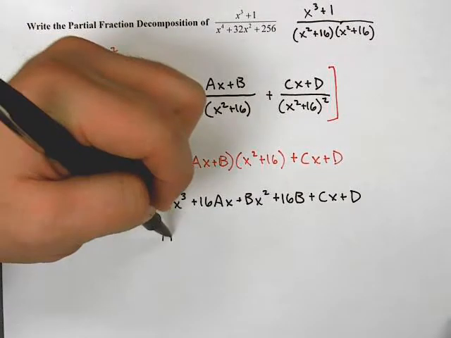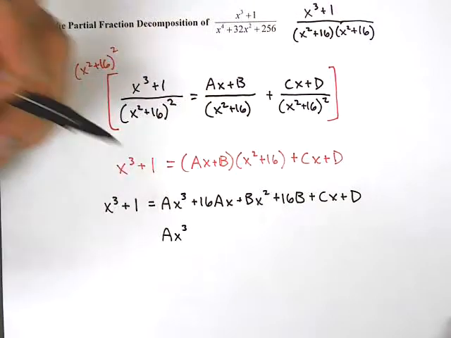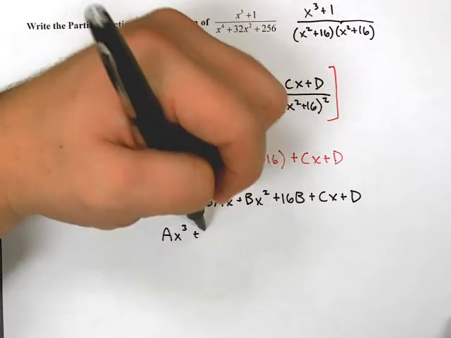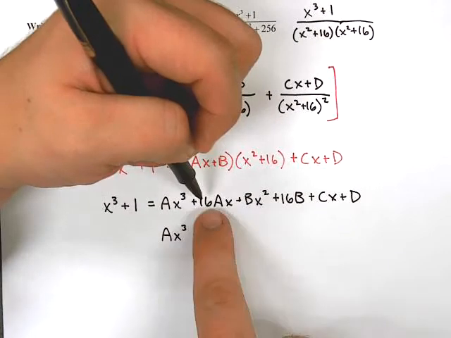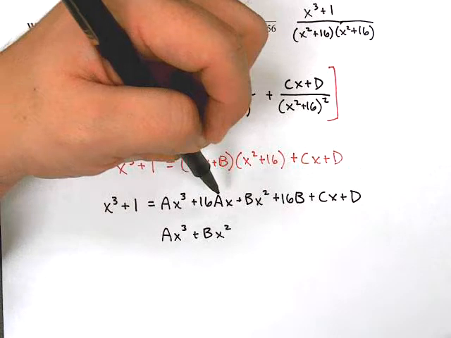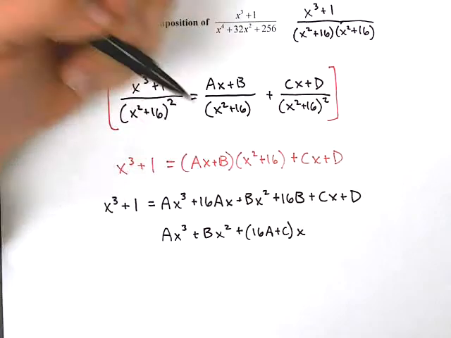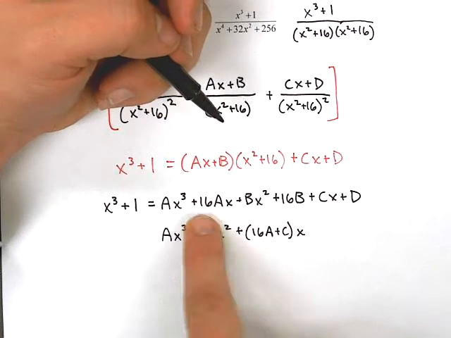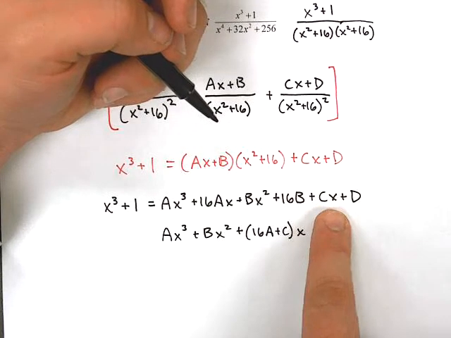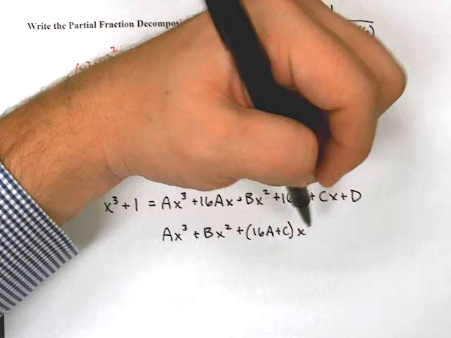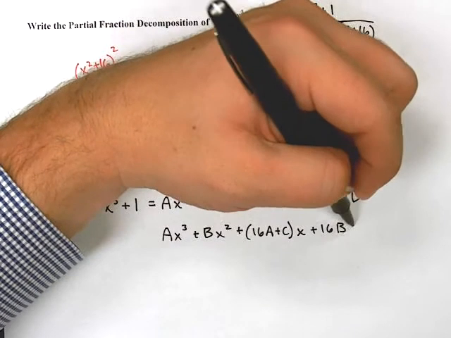So let's do that. I have ax cubed, I have bx squared, I have 16ax, and I have cx. So I'm going to write (16a plus c)x. That's me just combining the like terms. And then, of course, I still have 16b plus d.